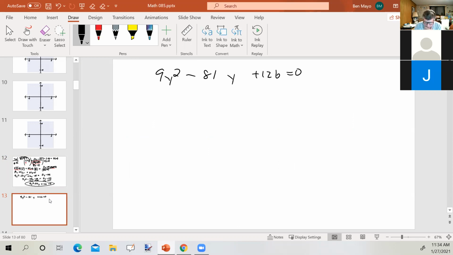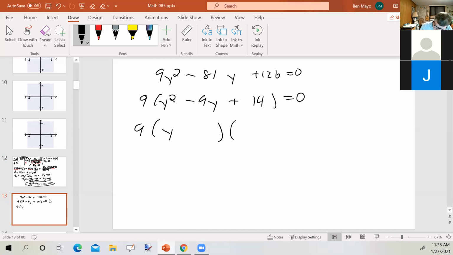Wow. Oh, you know what? This isn't going to be so bad because I can factor out a 9. Well, that's a relief. Let's see, that's going to be, what, 126 divided by 9 is 14.